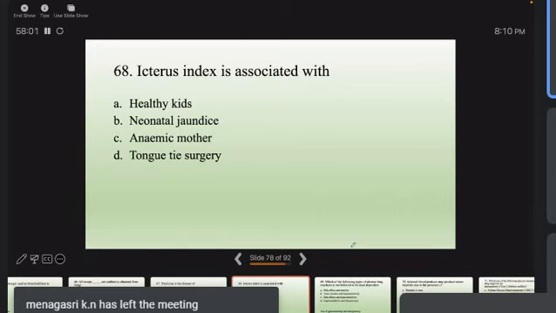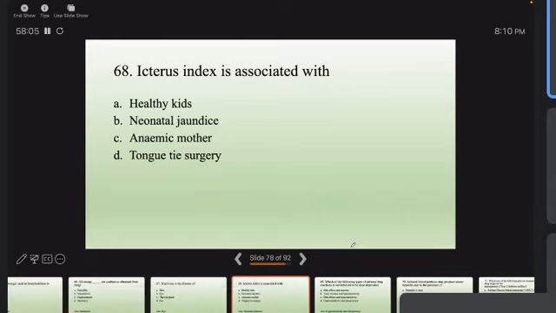There is a patch with different yellow colors, which tells you to what extent jaundice is present in a particular child. There are also other tests, but to see if the child is responding to phototherapy, an icterus index is used.